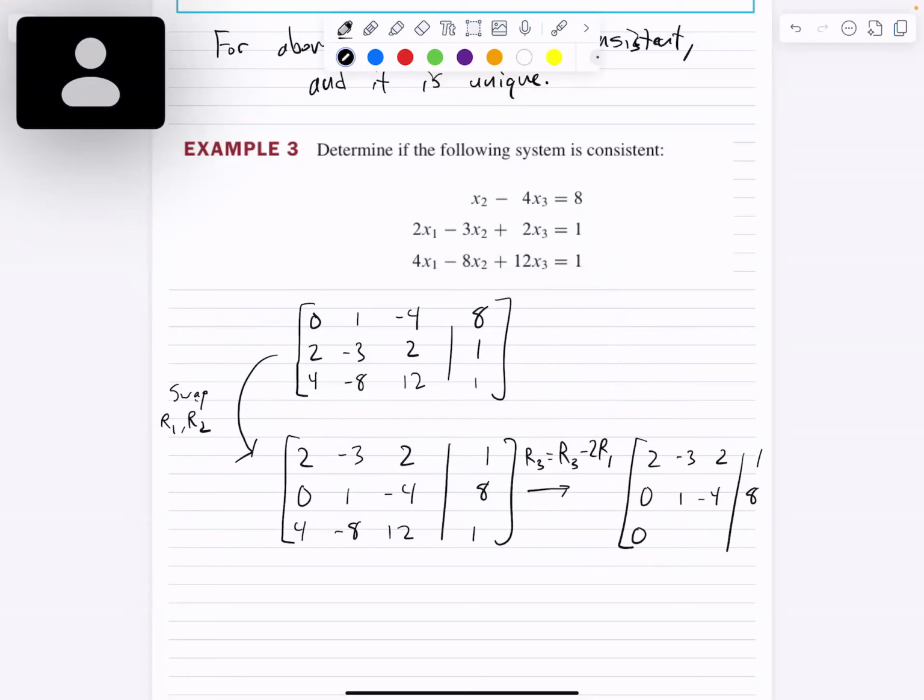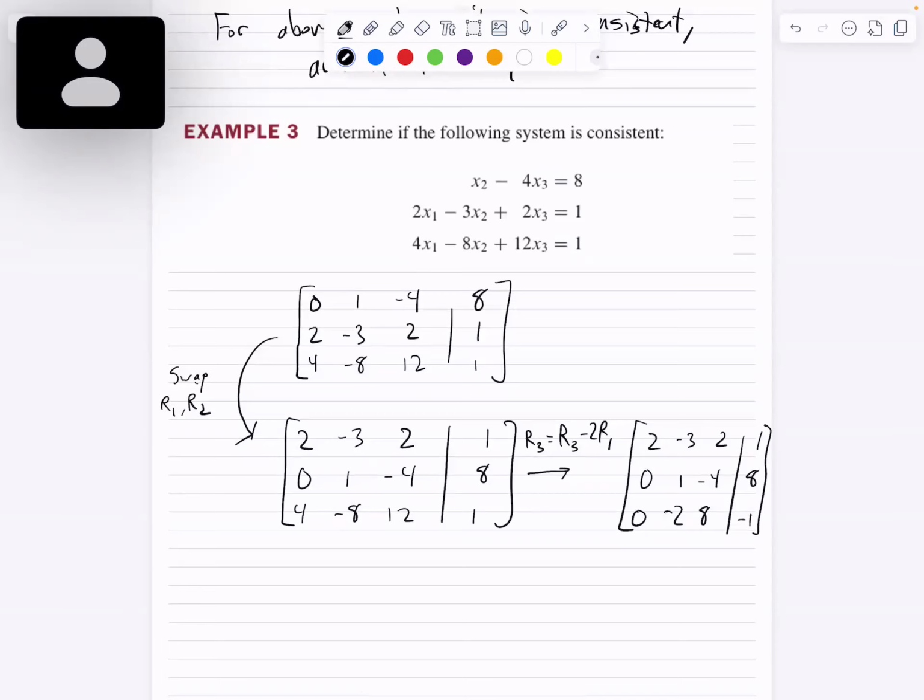And then this will become 0. -2 times -3 is 6, added to -8 gives me -2. And then -2 times 2 is -4. 12 minus 4 is 8. And then 1 minus 2 gives me a -1 here.